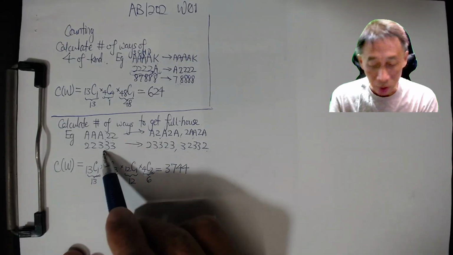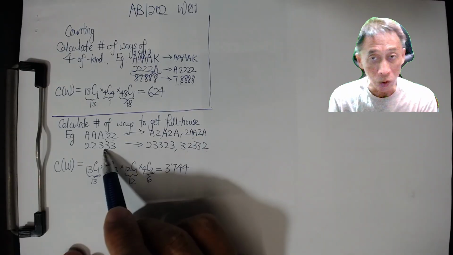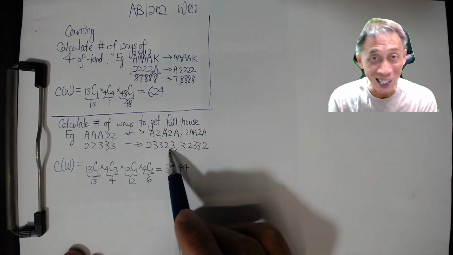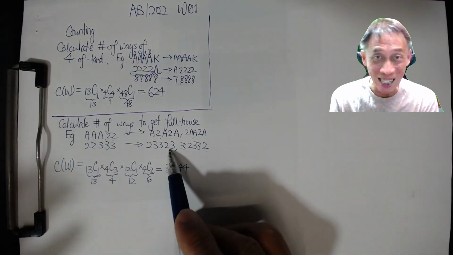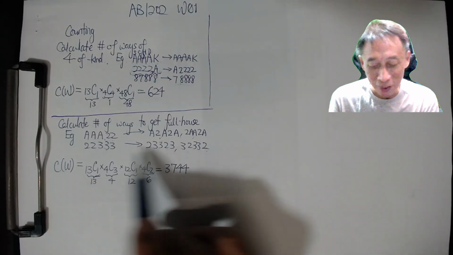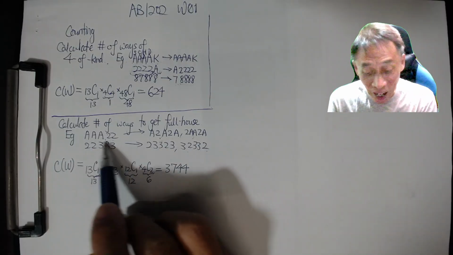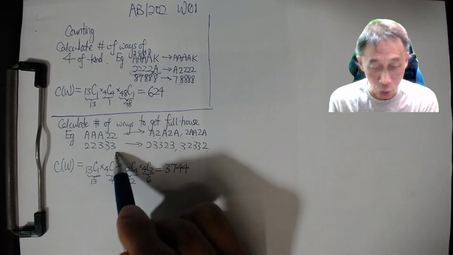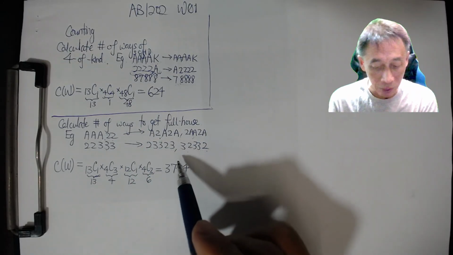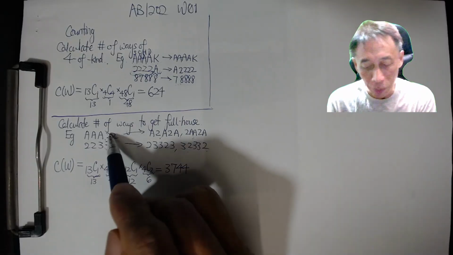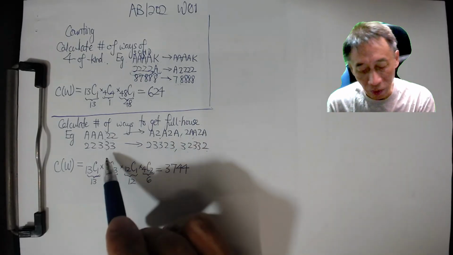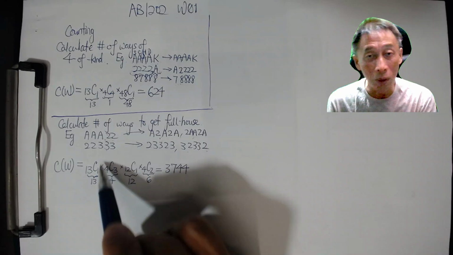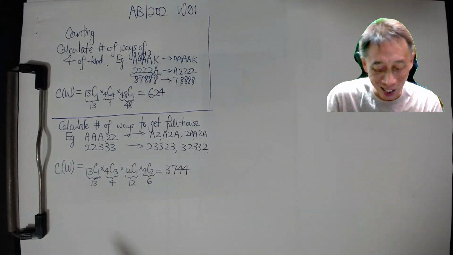And therefore, this is what we are looking at, not the various display manners. This is the hand that we are counting, the one that we are measuring, not this right hand side. So 3744 represents the 3744 standardized forms of full house that we can ever find.